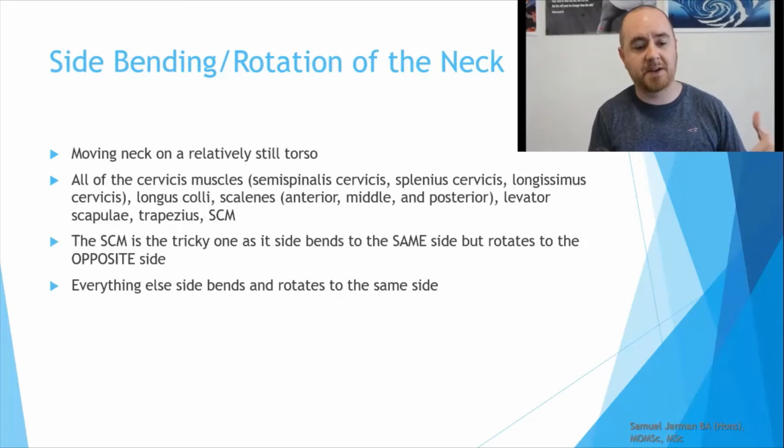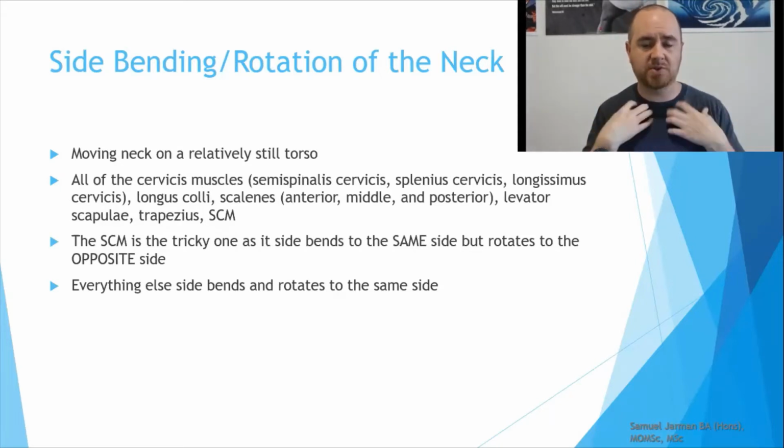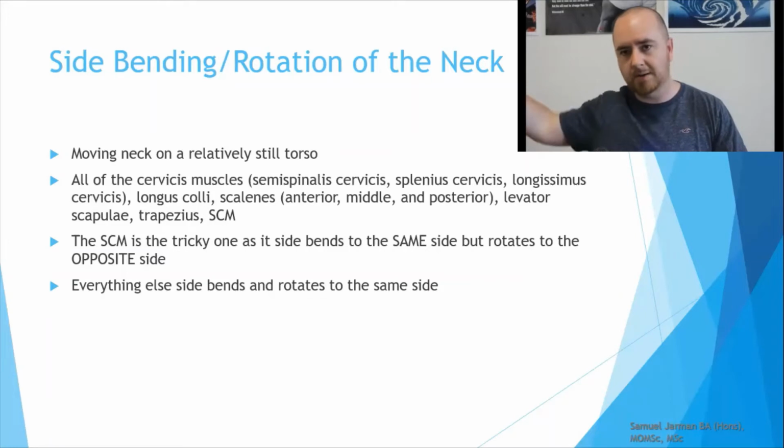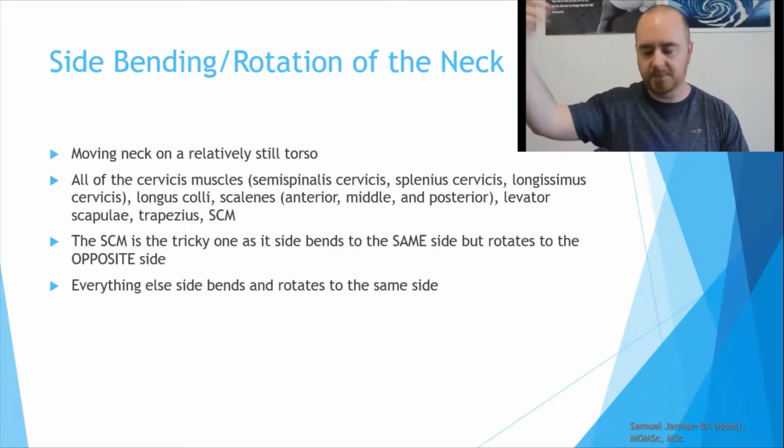As far as side bending and rotation of the neck, it's a moving neck on a relatively still torso. So the torso is going to be still and the neck will twist, or the neck will bend side to side. Now, in this case, we're talking about generally all the cervicis muscles, so semispinalis cervicis, splenius cervicis, longissimus cervicis, and longus coli not being a cervicis, but there's a longus capitis, so then you flip over to longus coli.